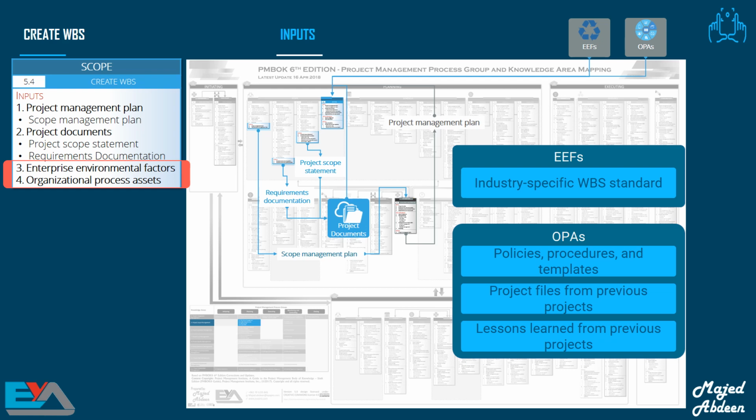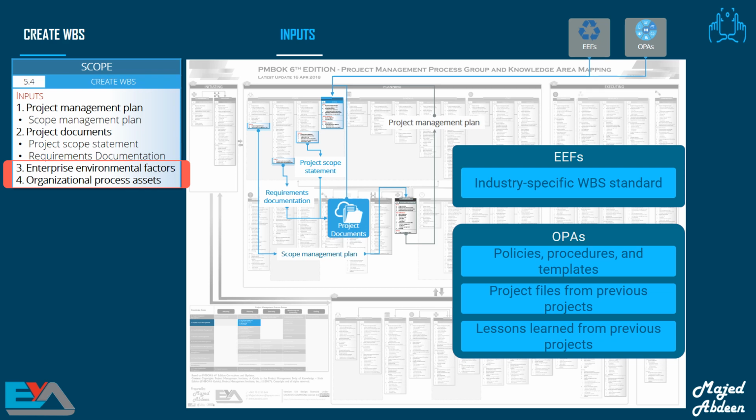We also need to take enterprise environmental factors into account, such as industry-specific WBS standards or industry best practices. For instance, if you work in a construction project or IT, telecom, or software project, you might find that there are some external standards on how you create the WBS.